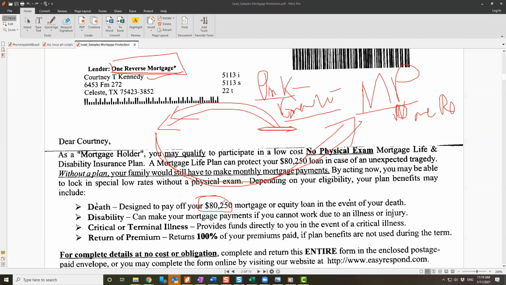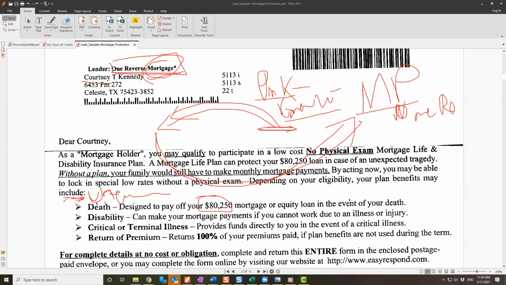Okay. So the reason for my call, Courtney, is that I have two or three quotes together for you that would take care of your mortgage in the event of, and I never start with death, I go in the event of unemployment, number one, because this is the number one reason people cannot pay their house: they are out of work.